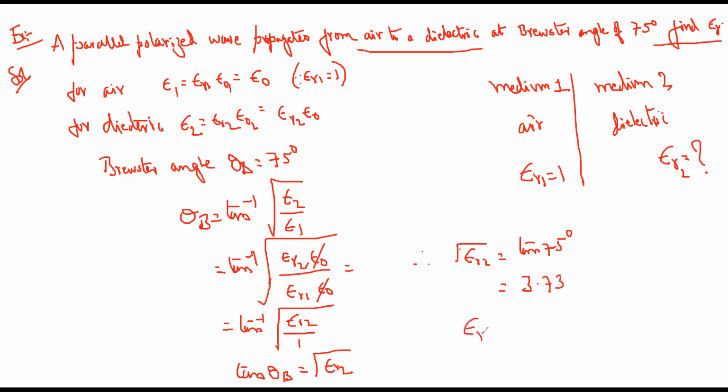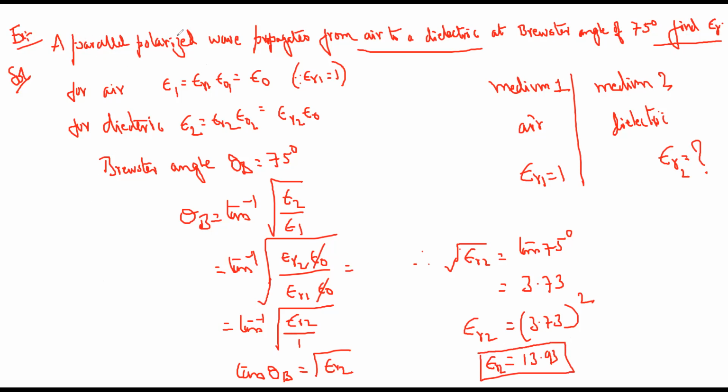Therefore, epsilon R2 is equal to, since the square root is there, squaring on both sides, 3.73 whole square. That becomes approximately 13.93. So epsilon R2 is equal to 13.93. Got it, my students?